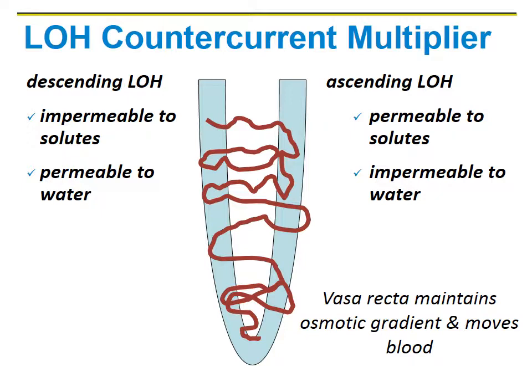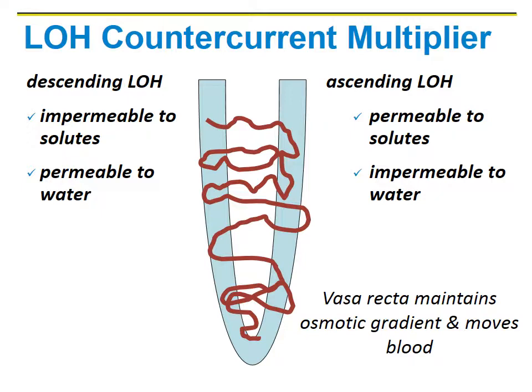So even more fluid will diffuse out of the filtrate. By the time the filtrate reaches the little hairpin turn of the loop, tons and tons of water has diffused out to the gradient and been picked up by the vasa recta. So the descending limb uses the gradient.